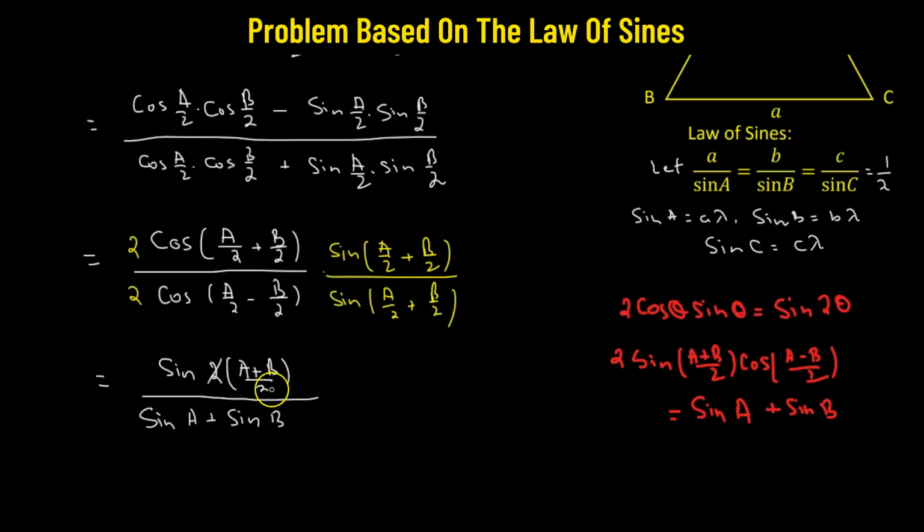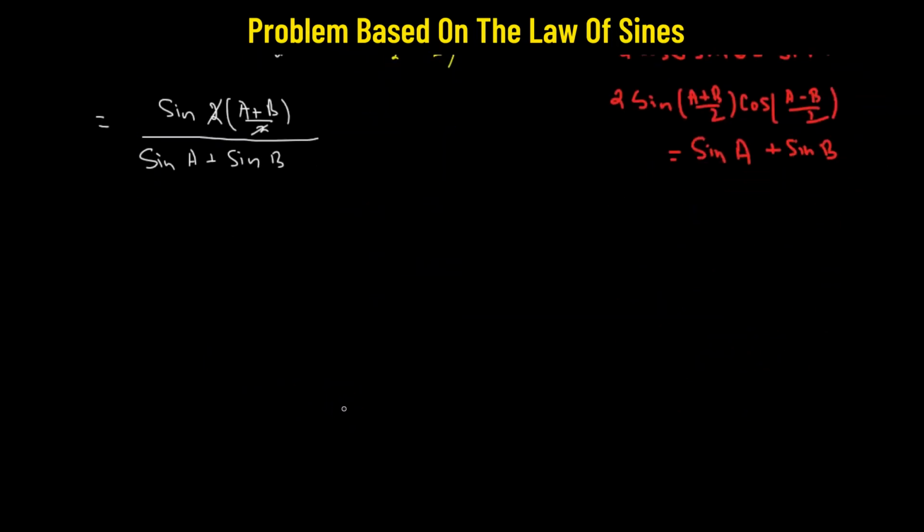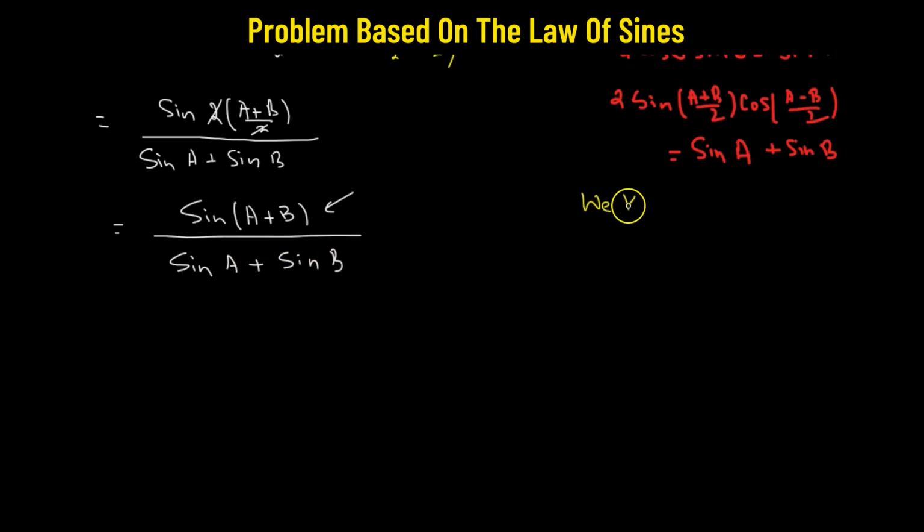Right. So we can also factor out this 2, and this is going to leave us with sine of A plus B in the numerator, and in the denominator we have sine A plus sine B. In a triangle ABC, the sum of the interior angles A plus B plus C is pi radians.